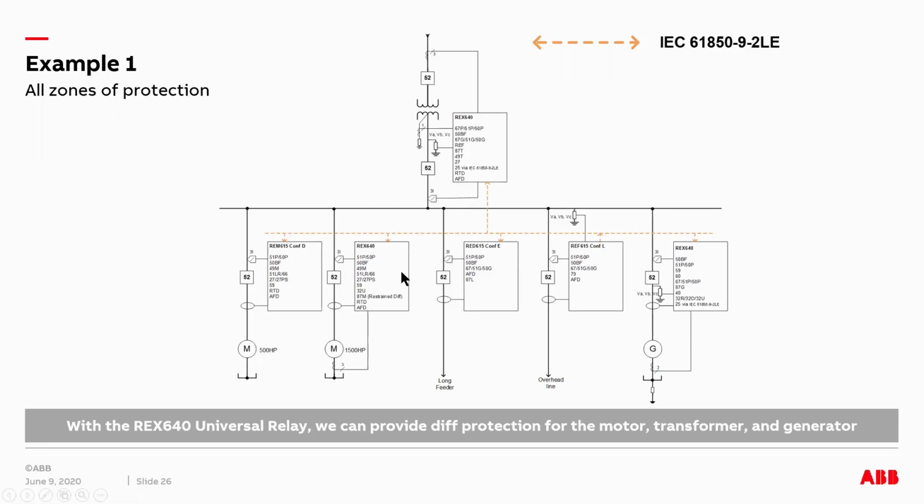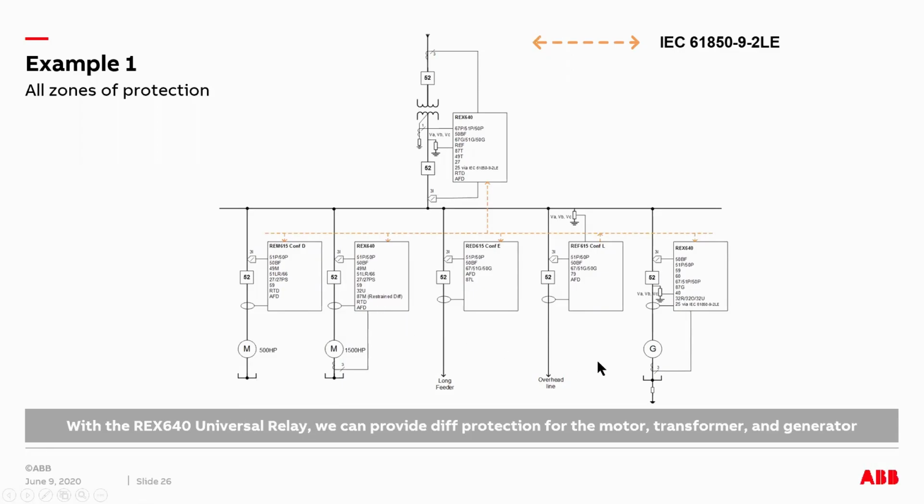And the same is the case here with the large motor. From the bus side, we have the current sensors. From the neutral side of the motor, we have the traditional CT coming, and we can still achieve the 87M, which is machine protection or differential protection for the motor, using those inputs.